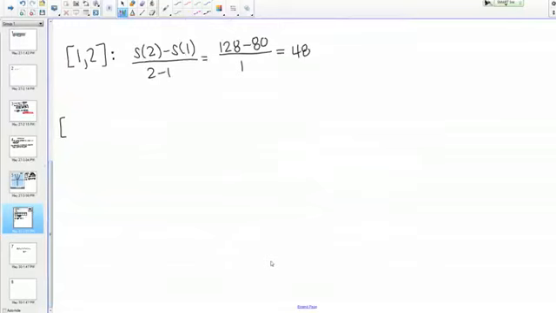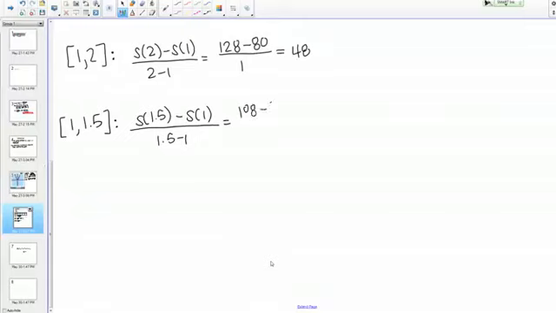Next we have 1 to 1.5. That's going to be s of 1.5 minus s of 1 over 1.5 minus 1. That gives me 108 minus 80 over 0.5, which if you work that out, is 56. All right, we keep going, 1 to 1.1.